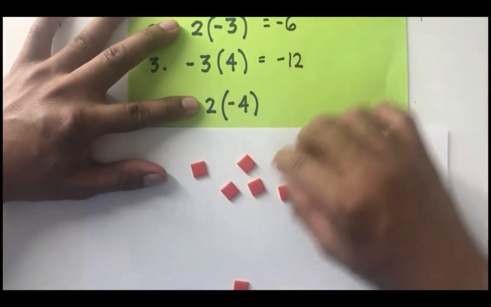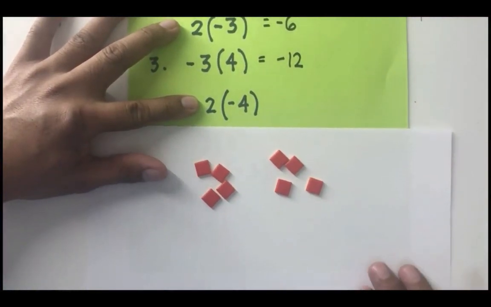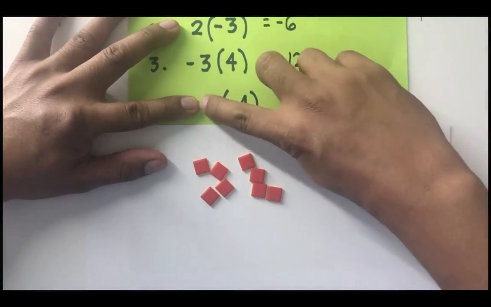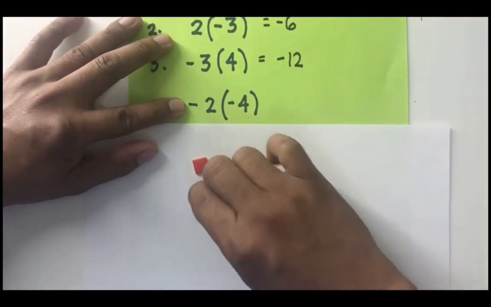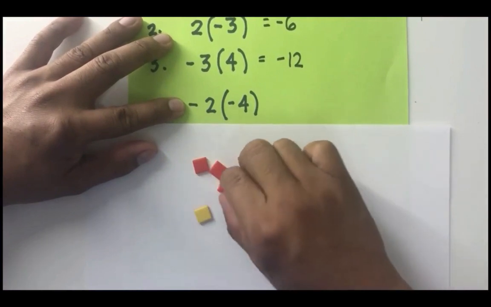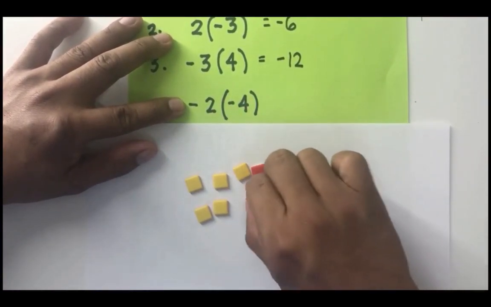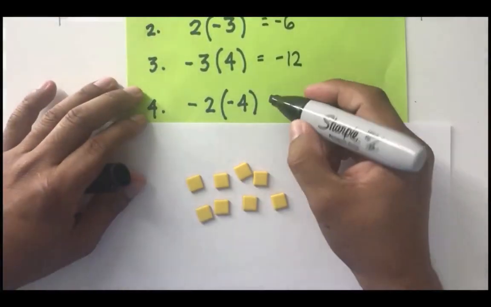Think of this as 2 groups of negative 4. And then, the result, flip the sign. Because of this negative sign, we're going to flip all these squares over. And our answer is positive 8.